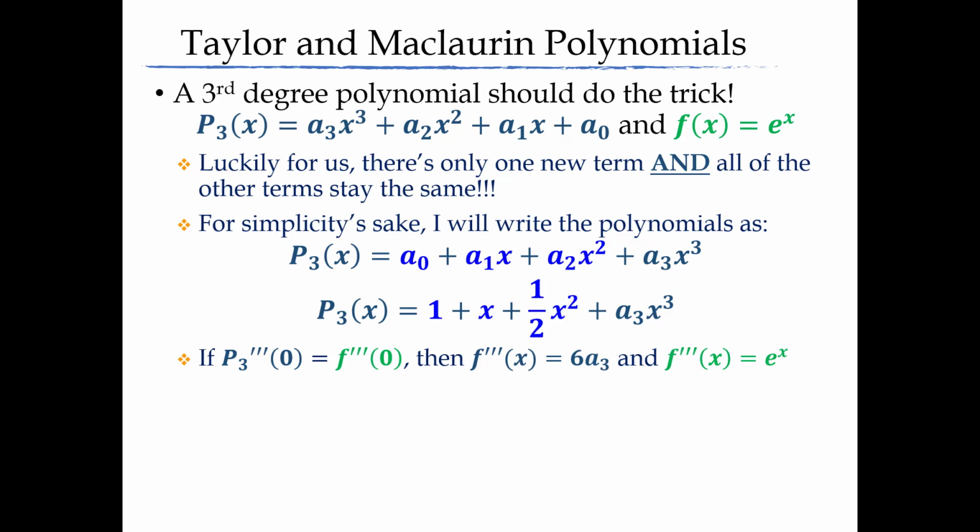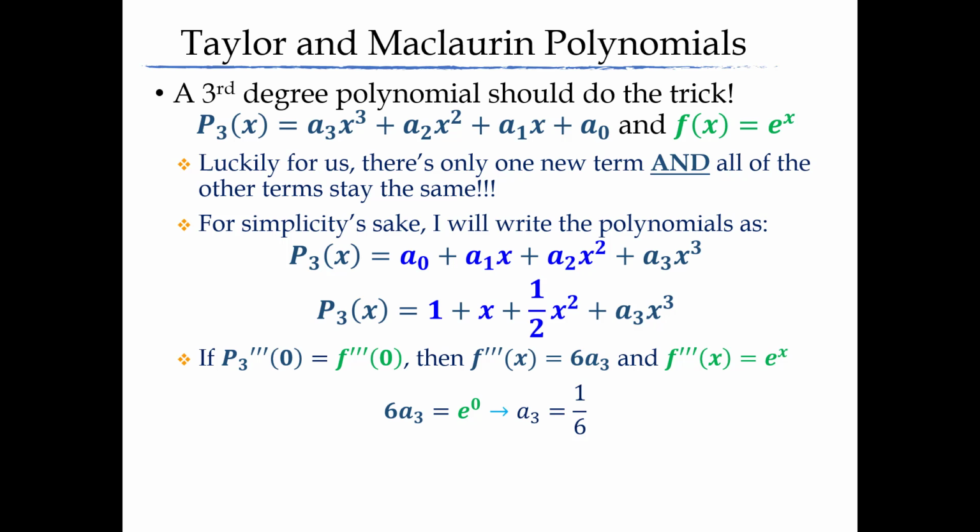So if the third derivative of our polynomial at 0 is equal to the third derivative of our function at 0, then we know that the third derivative of a sub 3 times x cubed is going to give us 6 times a sub 3. And the third derivative of e to the x, of course, is e to the x. We can then substitute in 0 for our x's, and we get that 6a sub 3 is equal to e to the 0 power, or 1, and a sub 3 must be 1/6.